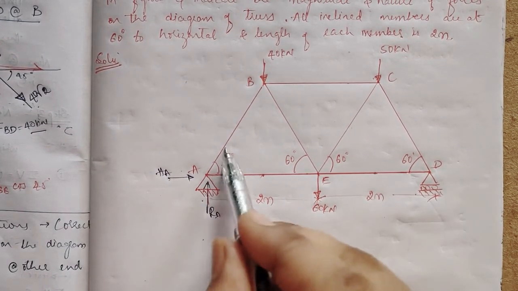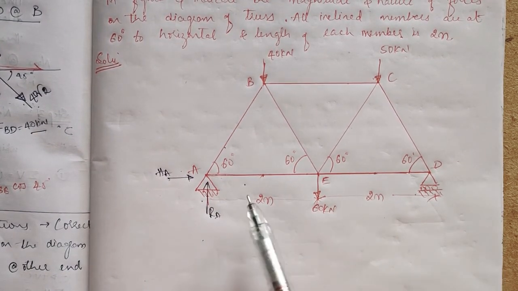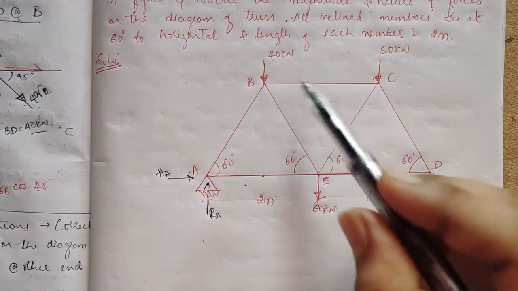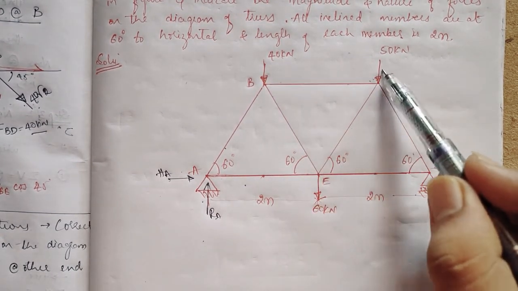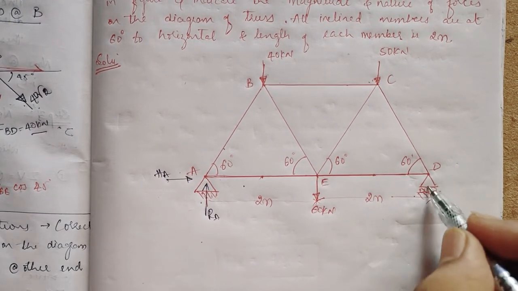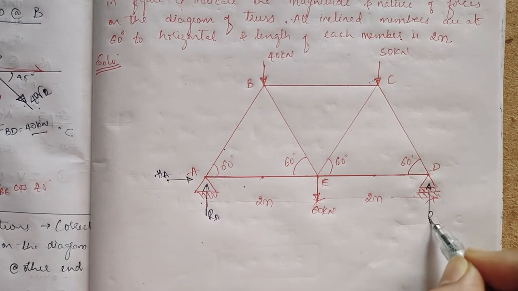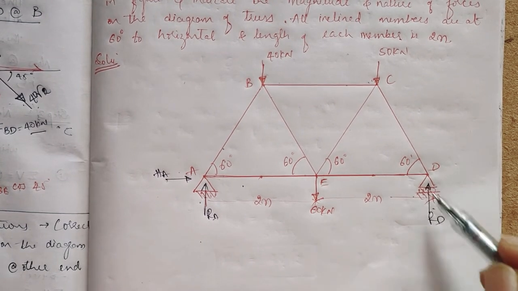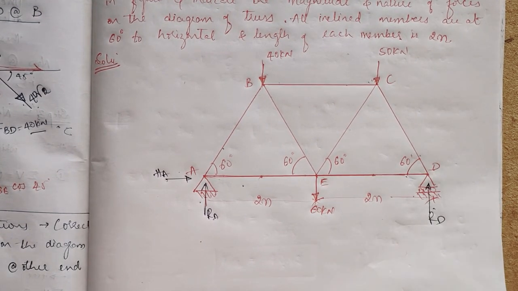So it is not a joint of two unknowns. At joint D, one reaction will be there, that is RD, because of the roller support. So 3 unknowns are there.